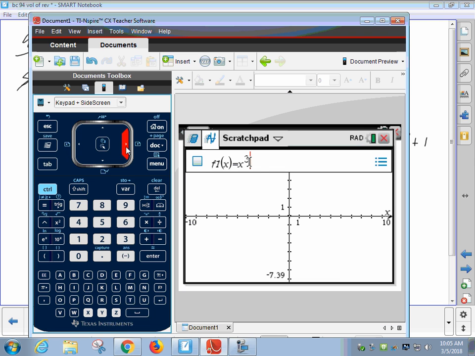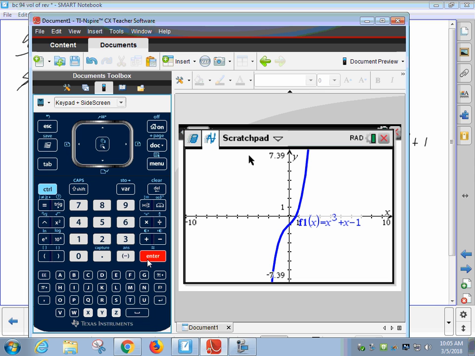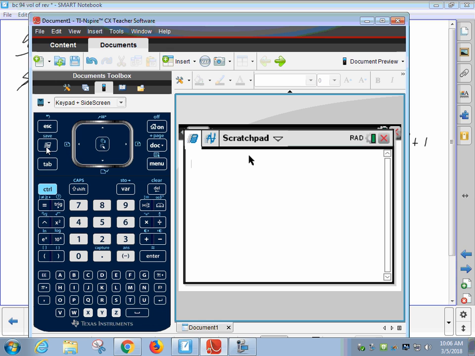The function is x cubed plus x minus 1. Okay. And then the derivative is 3x squared plus 1. Okay? Now in terms of what to put in your calculator, you want to start the ball rolling by storing your initial in for x.